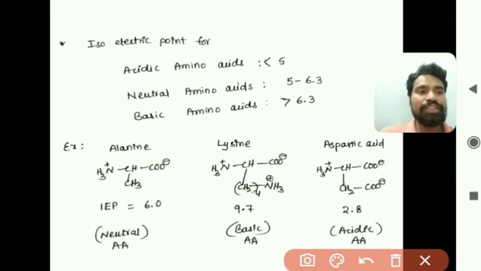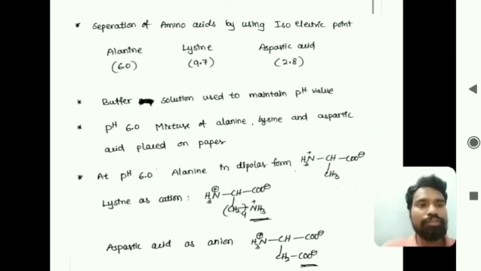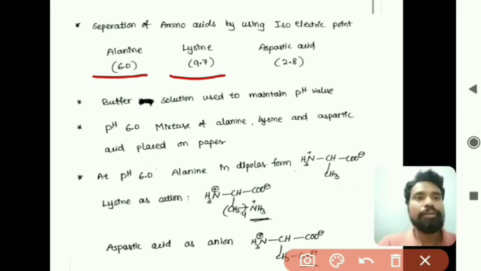So now we will see the separation of amino acids based on the isoelectric point value. Just observe here, as we have discussed, alanine isoelectric point is 6, and lysine, that is a basic amino acid, is 9.7, and aspartic acid is 2.8, right?